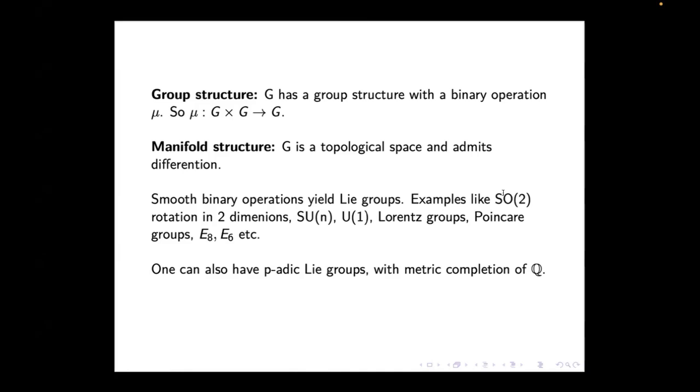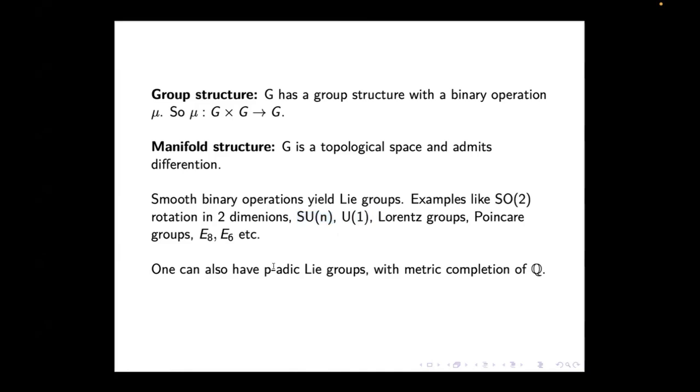Yes, because they are telling you what the particles are in a specific theory. For example, U1 is a Lie group, and its representations are very important in electromagnetic theory. Similarly, you have SU2, which tells you the representations in weak theory, and SU3 basically tells you the representations in strong theory.